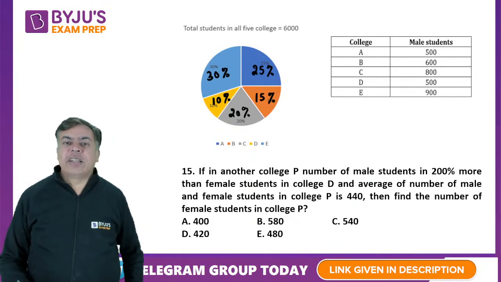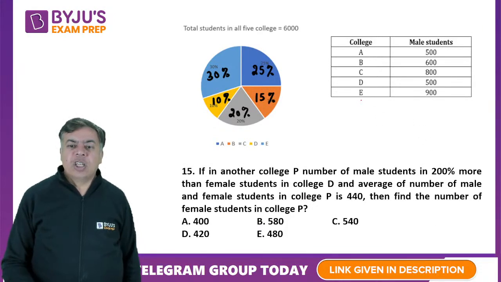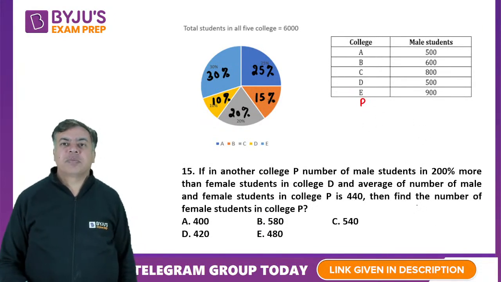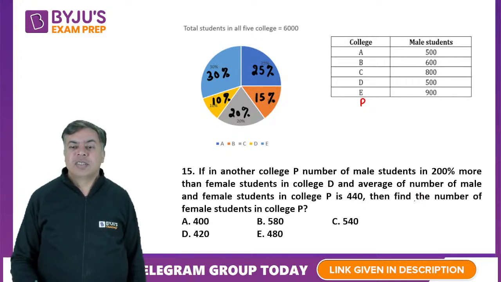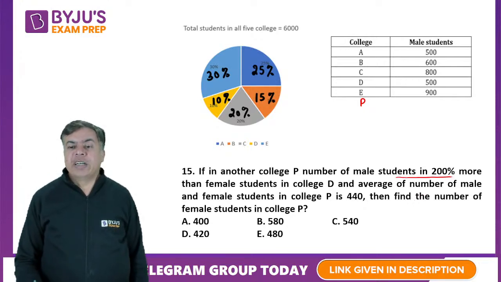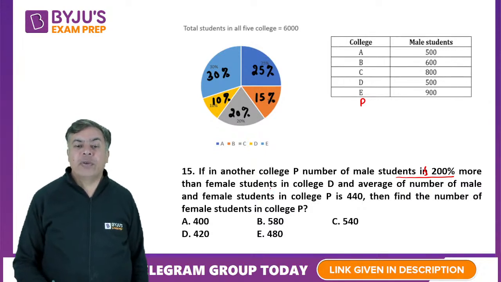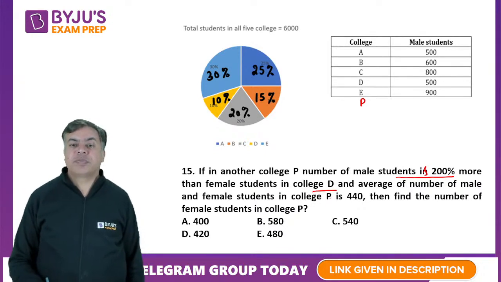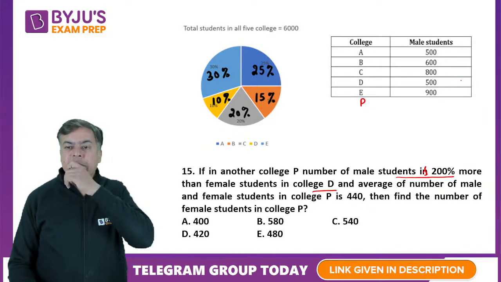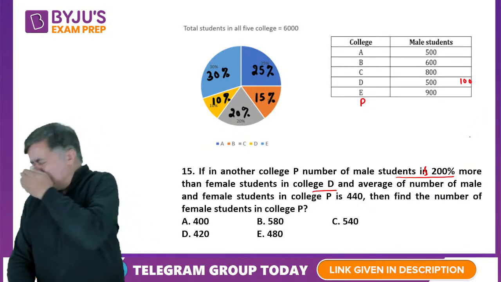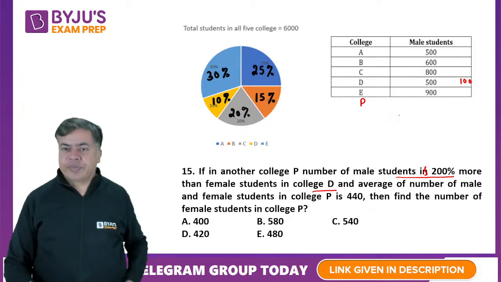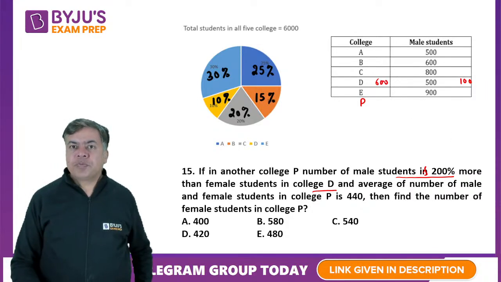So now there is another college, college P. He's talking about another college. The number of male students is 200% more than female students in college D. College D, female students were 100. Sorry, so total were 600.